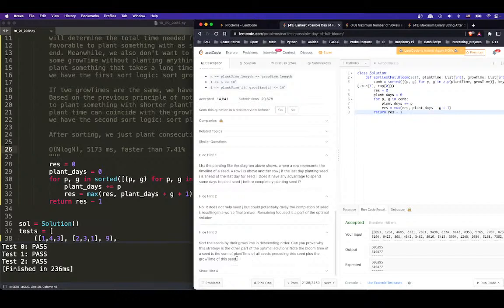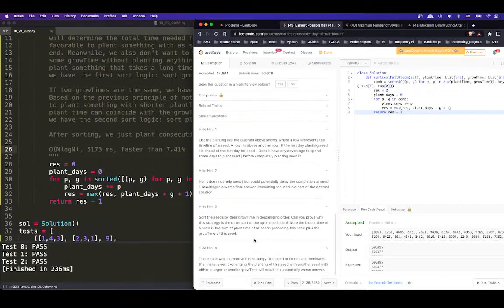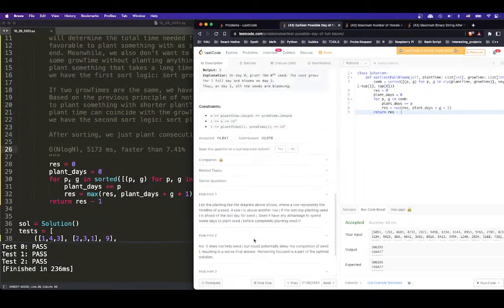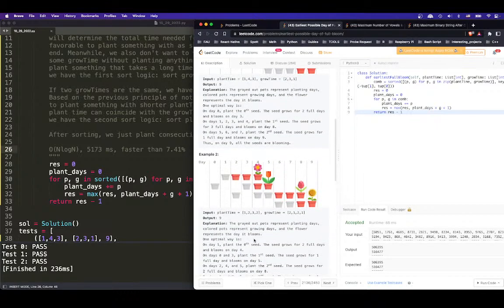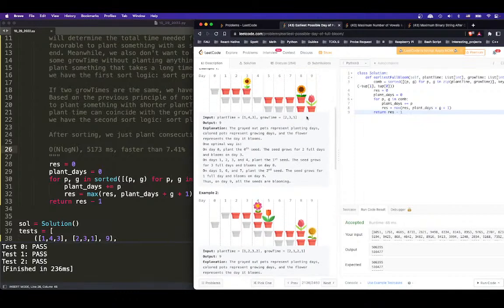Yes, that is what we have found. So what it's saying is it doesn't really matter. As long as we plant this one at the end, the results will be the same. So it's saying we just sort for one, we don't have to sort the other.